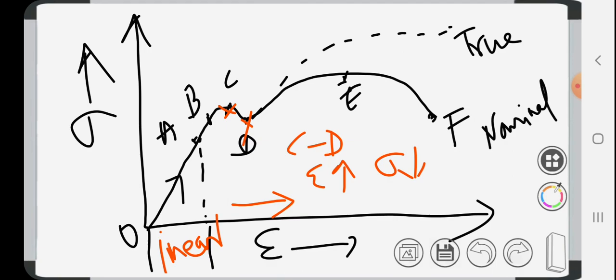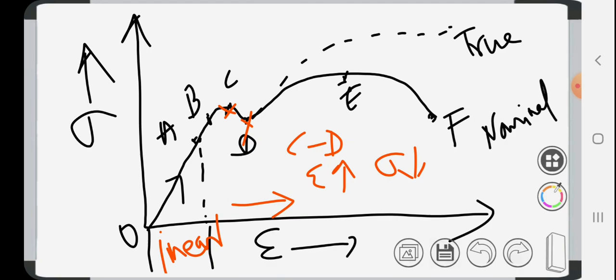Just keep in mind that for a short range C to D, even though strain increases, sigma decreases. Actually, whenever strain increases, stress should increase, but for this span C to D, stress seems to be decreasing.